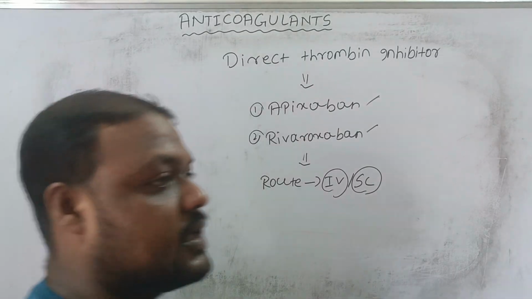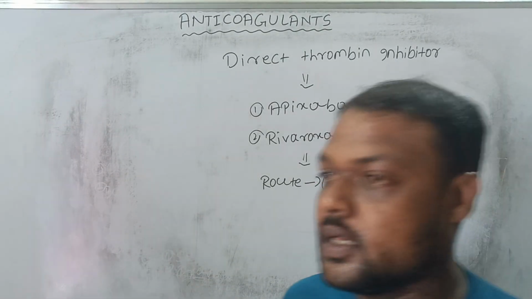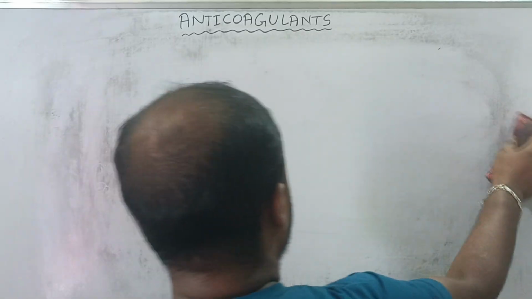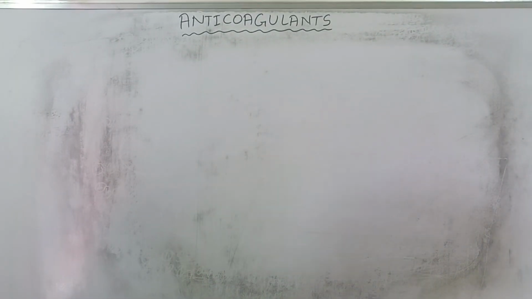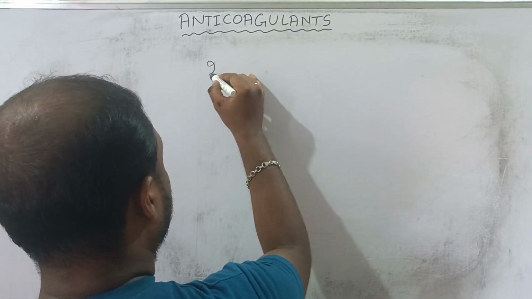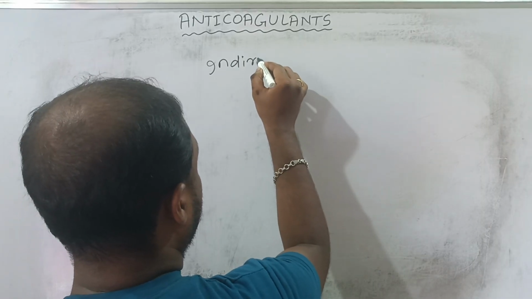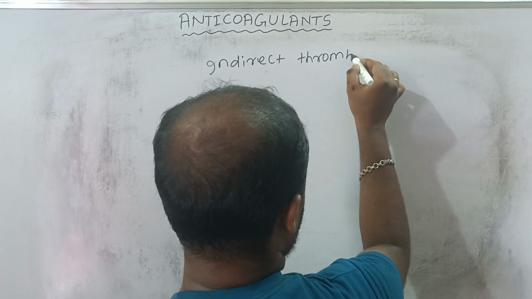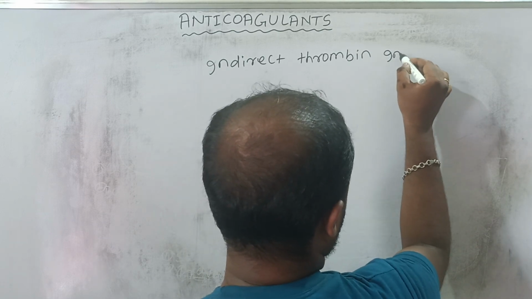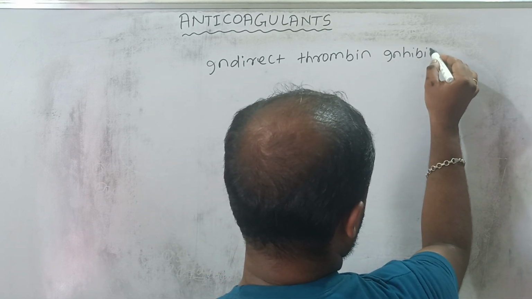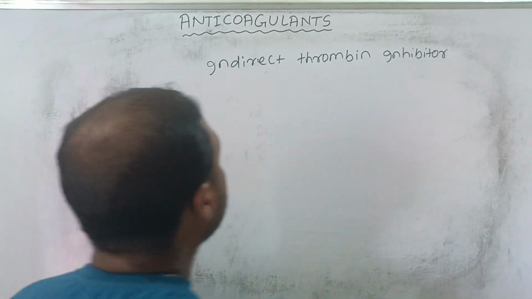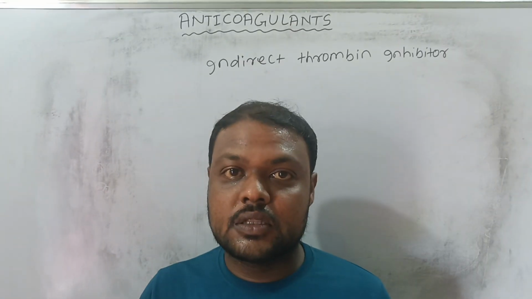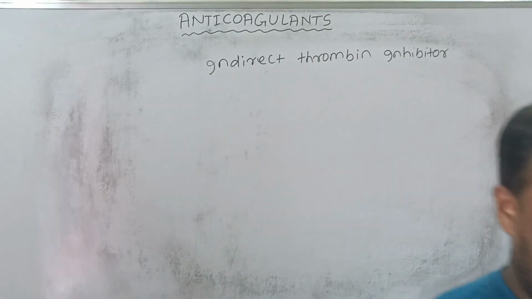Then the ITI, indirect thrombin inhibitor. Clear? The second anticoagulant is the indirect thrombin inhibitors.